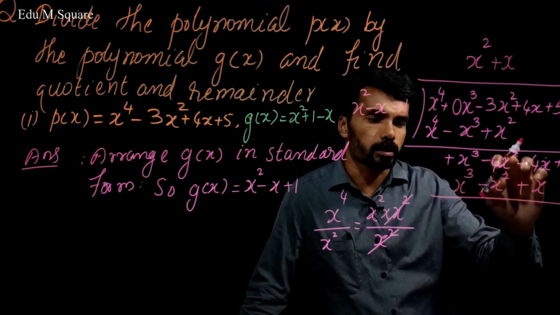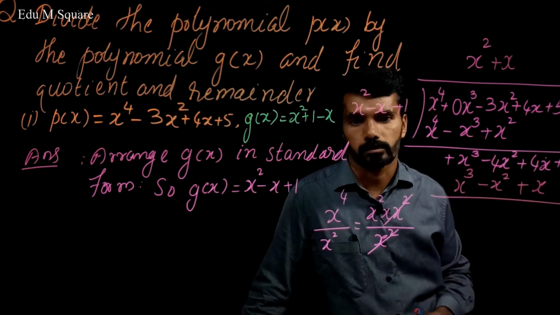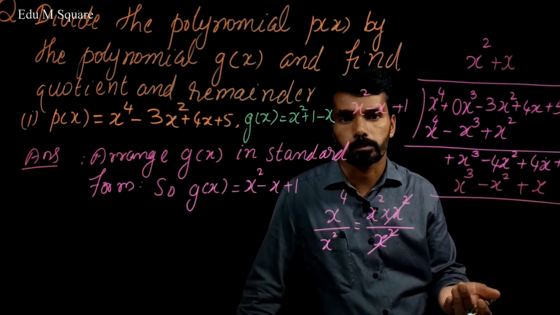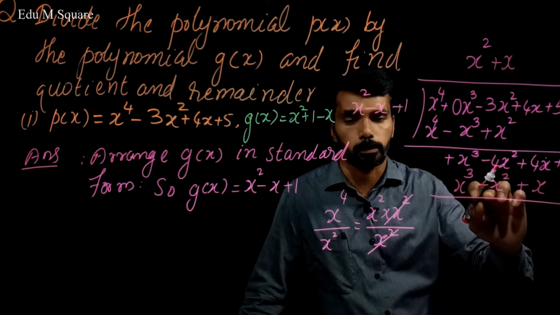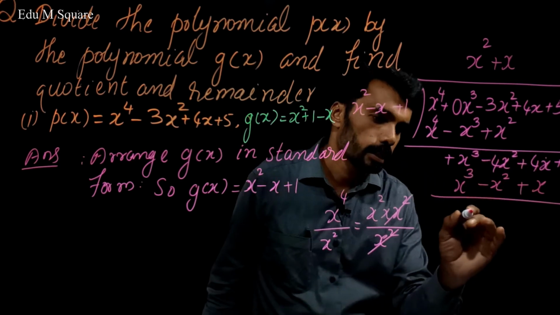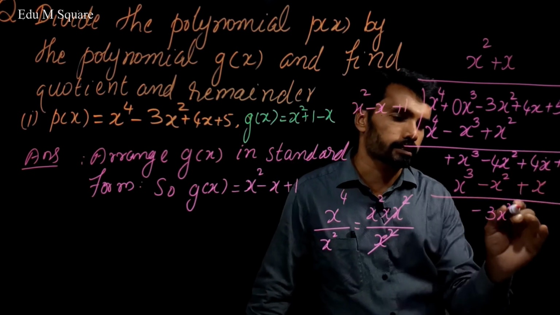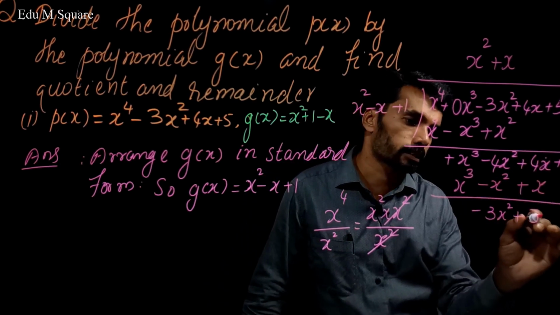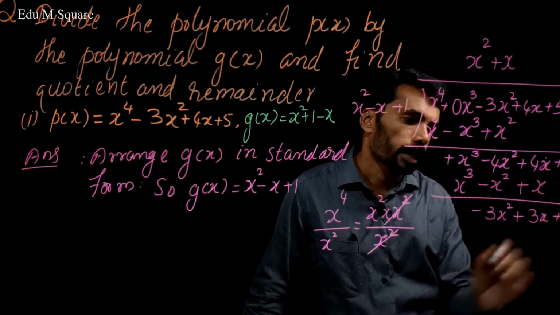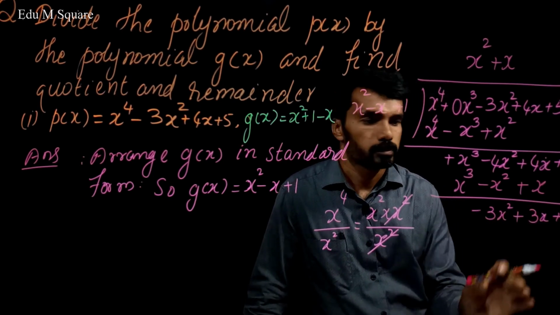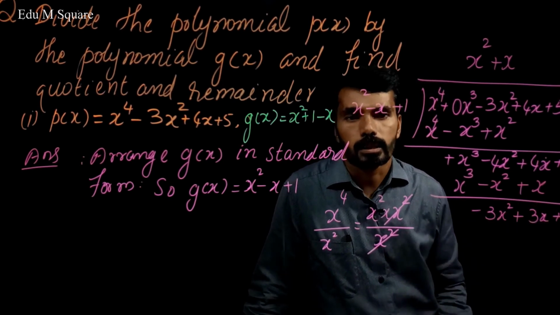Minus 4x square minus x square, so it is plus x square. So minus 4x square plus x square, that is minus 3x square. Now 4x minus x, plus 3x plus 5. Again this is the remainder now.